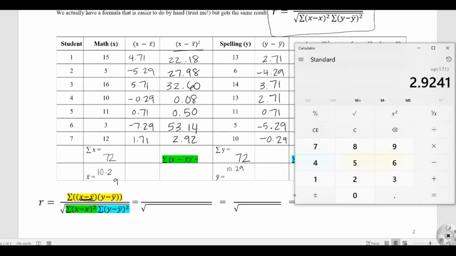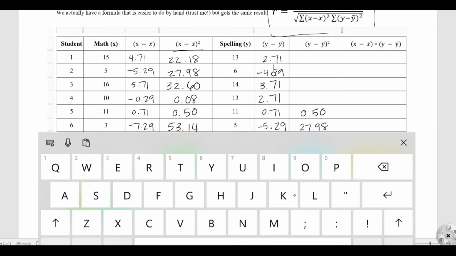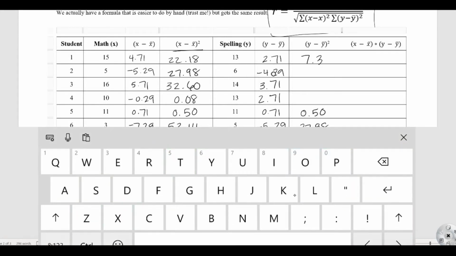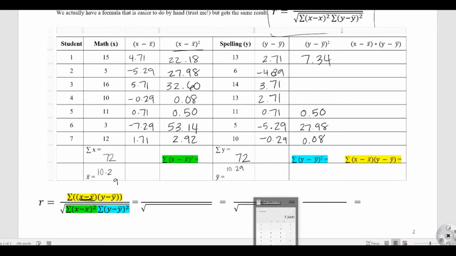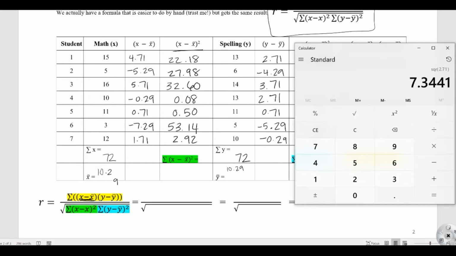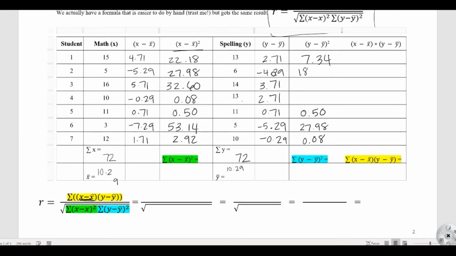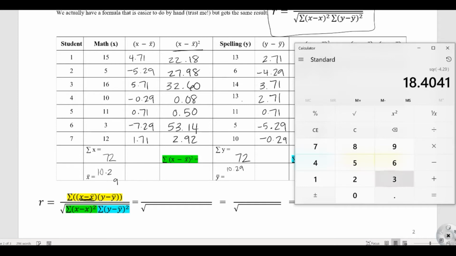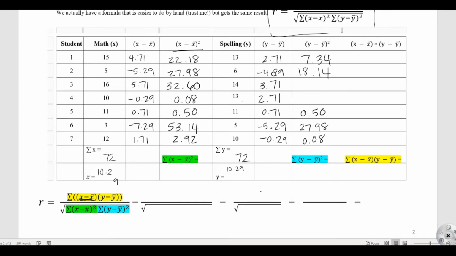Okay. We're going to do the 2.71 squared is 7.34. Then negative 4.29 squared is 18.14. 3.71 squared, 13.76.